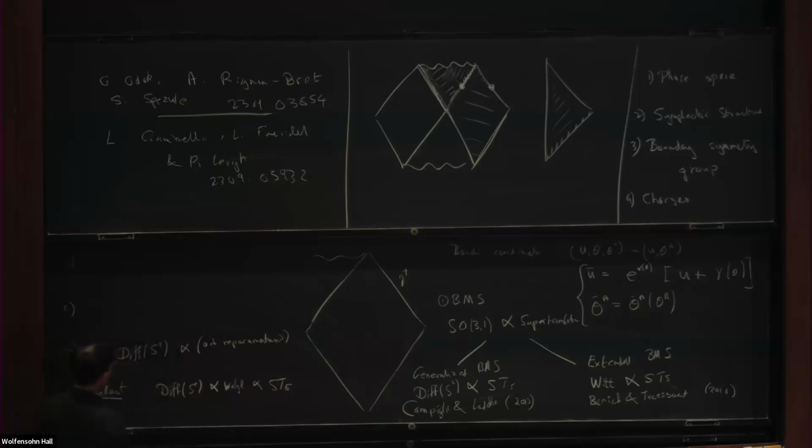Then there's a slightly larger group that one can define, which is the same thing, a semi-direct product with these arbitrary reparameterizations. And there's a new degree of freedom that comes in that I'm going to call a Weyl transformation, kind of a rescaling. It's a piece of the four-dimensional diffeomorphism that's no longer characterized just by the three-dimensional diffeomorphism in the boundary, just an extra piece.